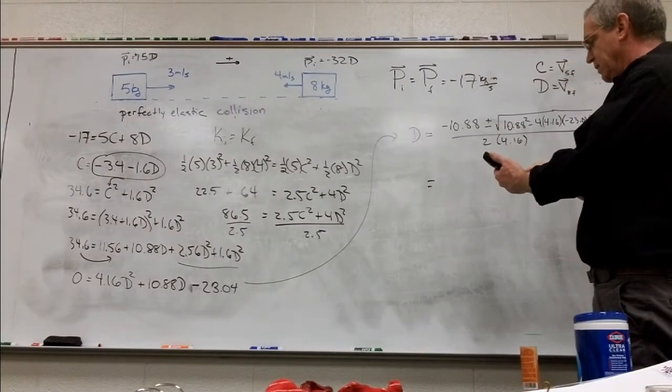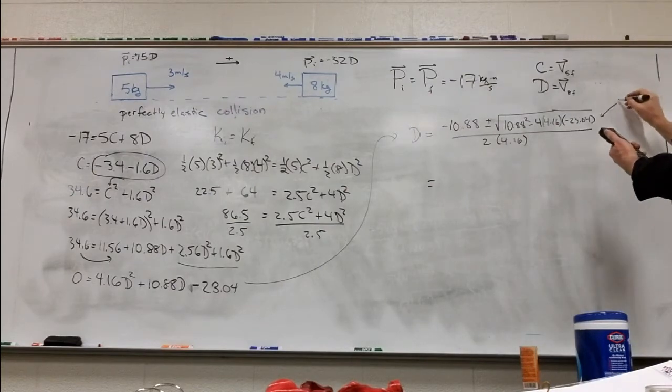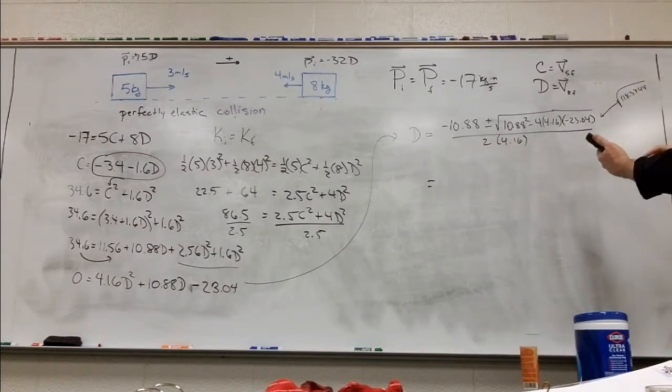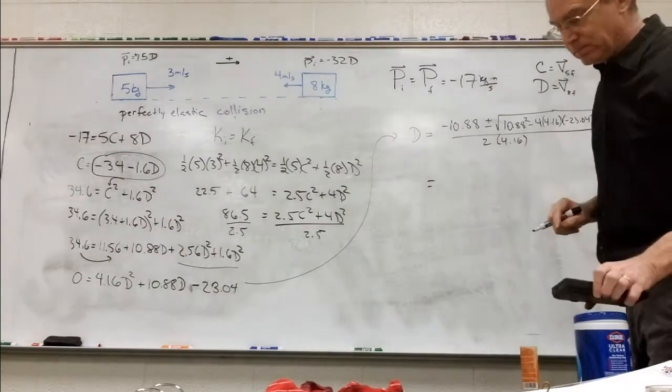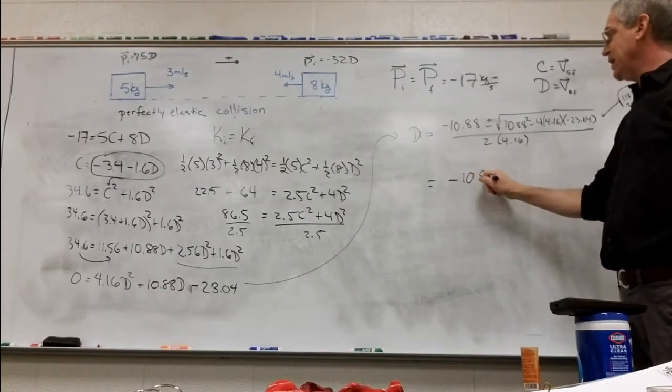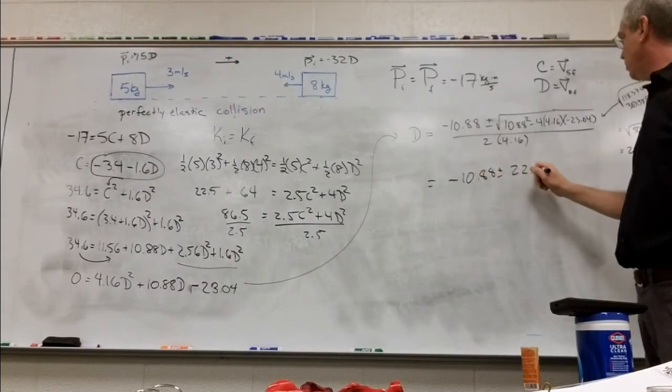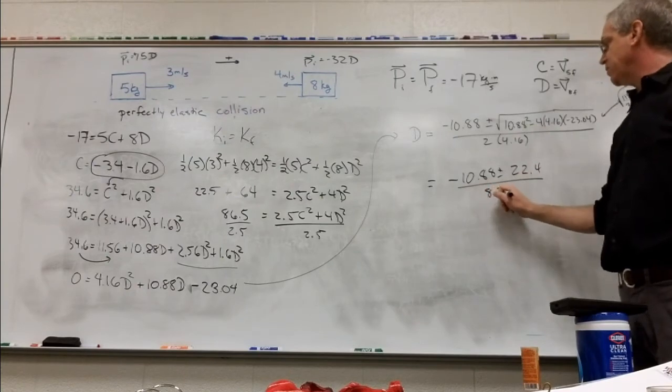So 10.88 squared is 118.3744, and 4.16 times 23.04 times 4 is 383.3856. We add them together, and the square root of 501.76 is 22.4. It came out very nicely. So I have negative 10.88 plus or minus 22.4 divided by 8.32.